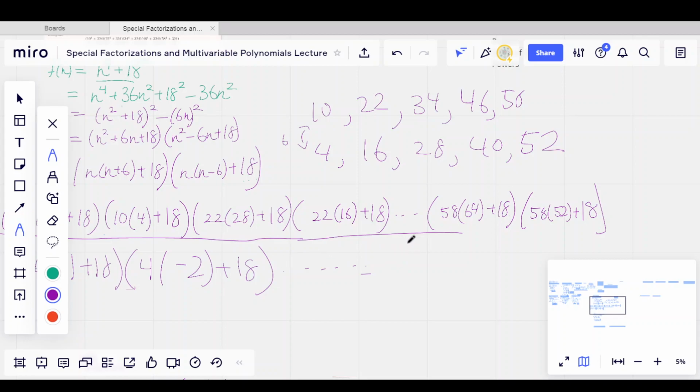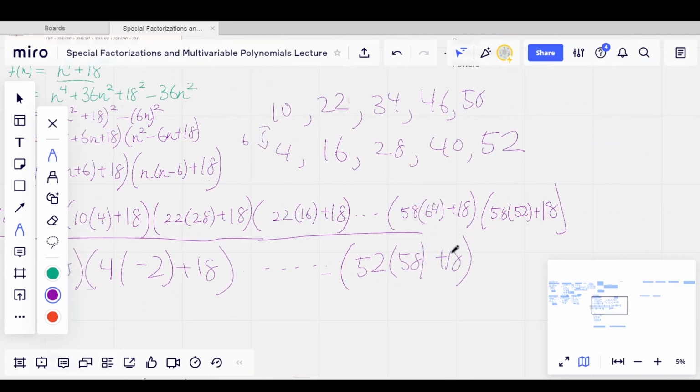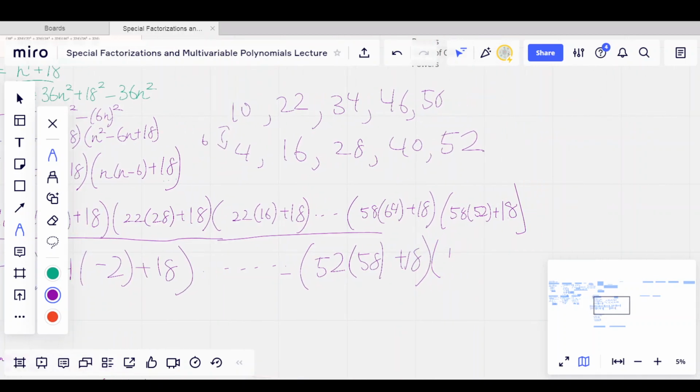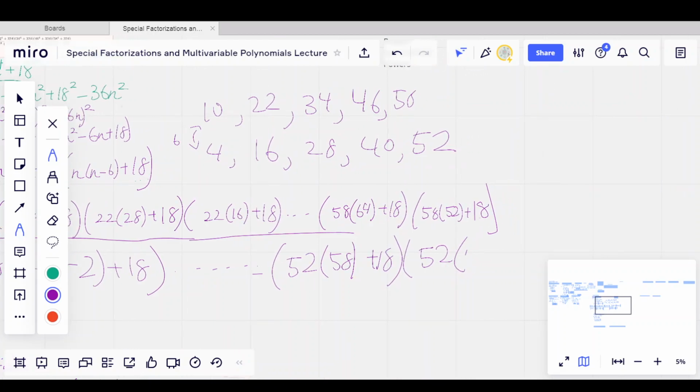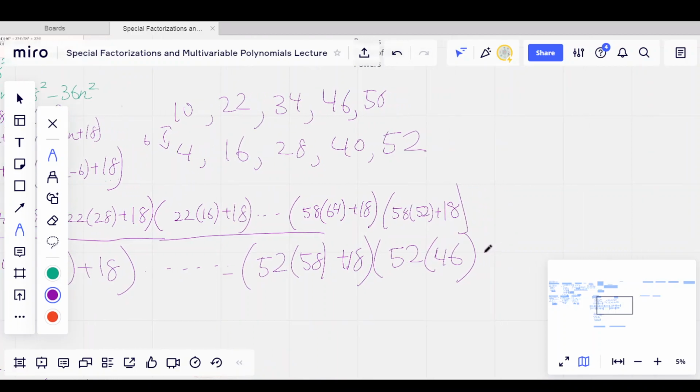We get 52. So 52, we increment by 6. 58 plus 18. And then we get 52 times, what was it, 46 plus 18.